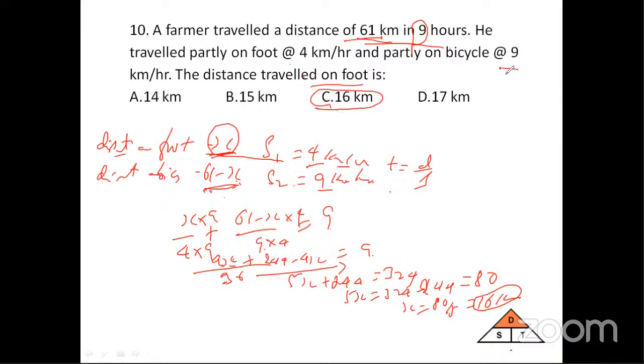Next, speed will be 9 km per hour. Now time means distance by speed. Distance is x, speed is 4. So x by 4 plus 61 minus x by 9. If we do this, we get the distance on foot as 16 km. Okay. I hope this is clear now.